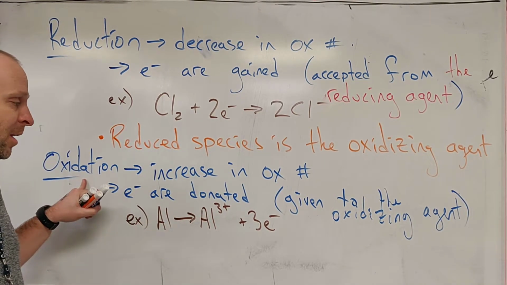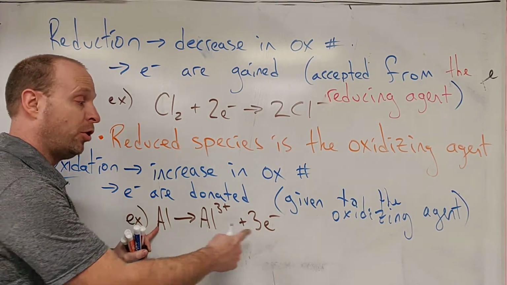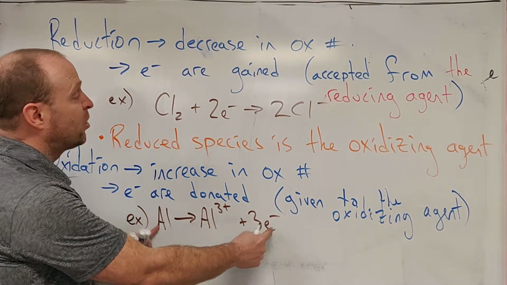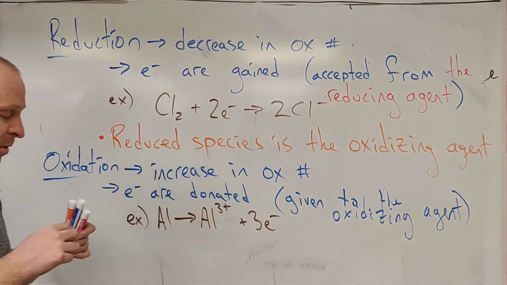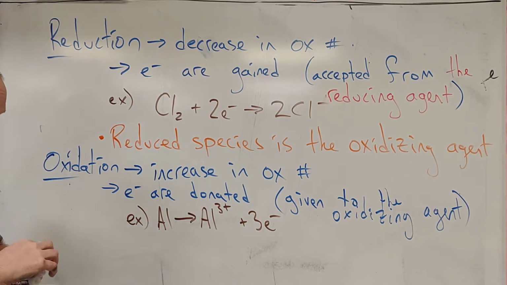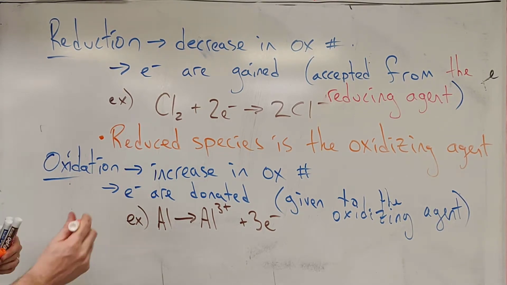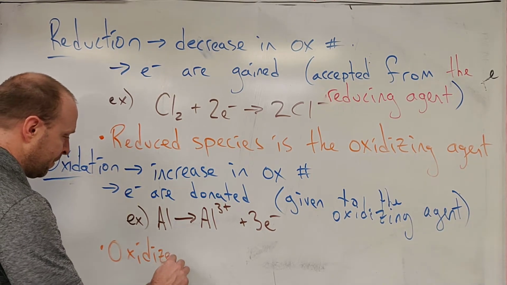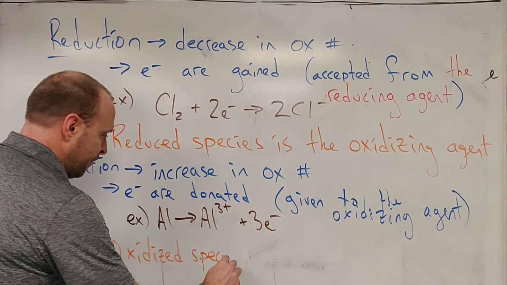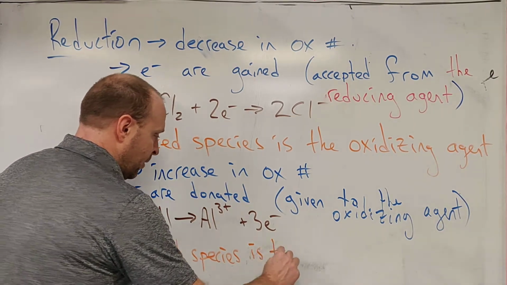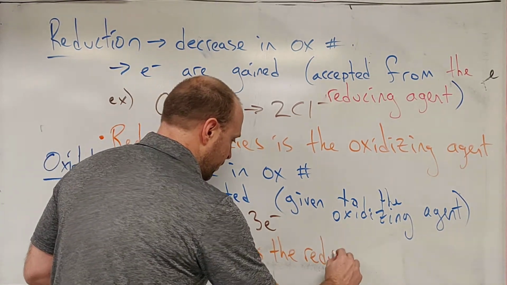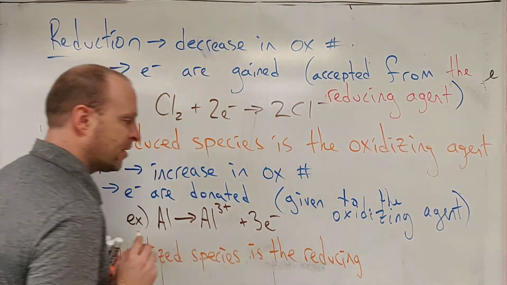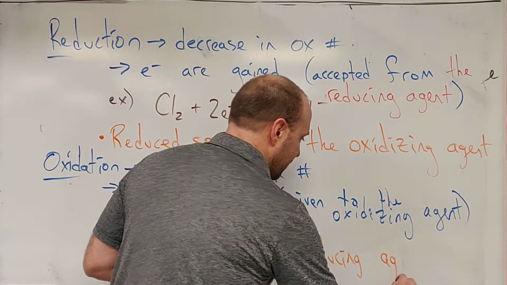It's an oxidation taking place. And this produces those electrons, which then reduce this. So we can use that same terminology and say that the oxidized species is the reducing agent, right? The oxidized species is the reducing agent.